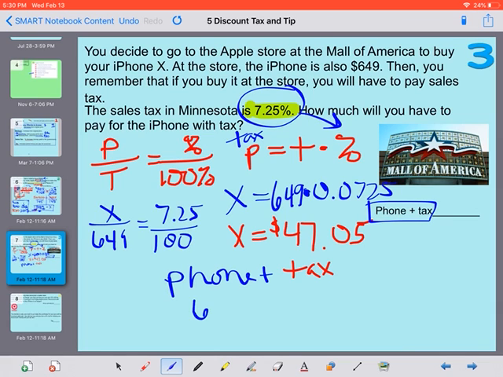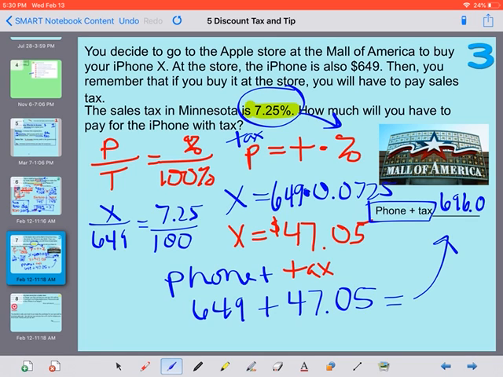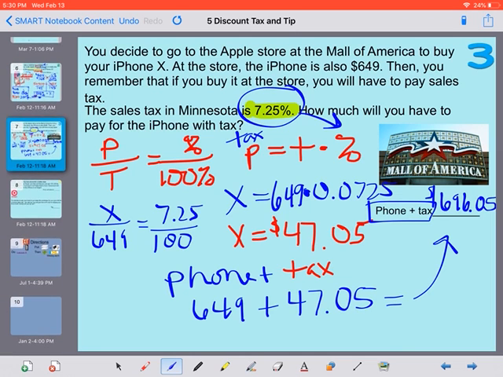So the phone cost $649 plus the tax, which was $47.05, will give us what? 649 plus 47.05, $696.05. So it costs almost $700 to get the phone with tax. It's a lot of money.